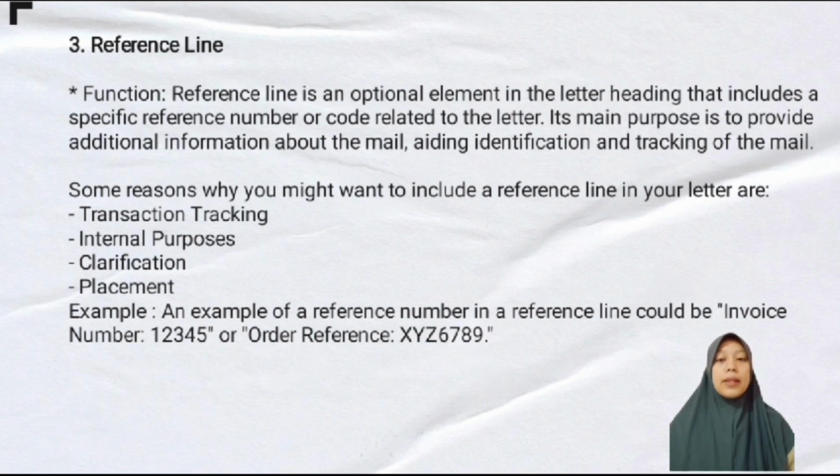Clarification. In some cases, reference lines are used to provide additional information about the subject of the letter or specific context that is important to the recipient. Placement. Typically, the reference line is placed below the date or below the sender address, depending on the preference or convention used.